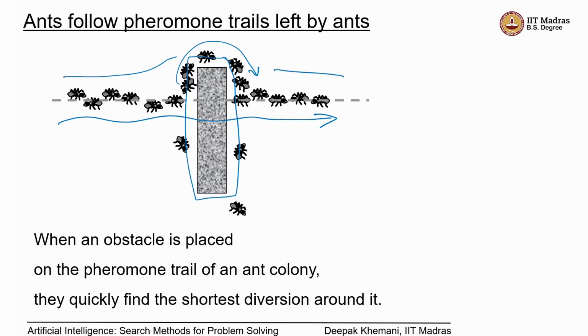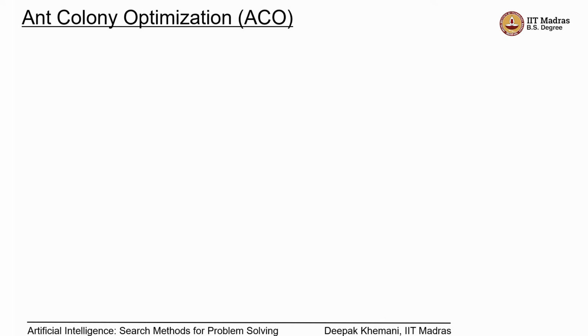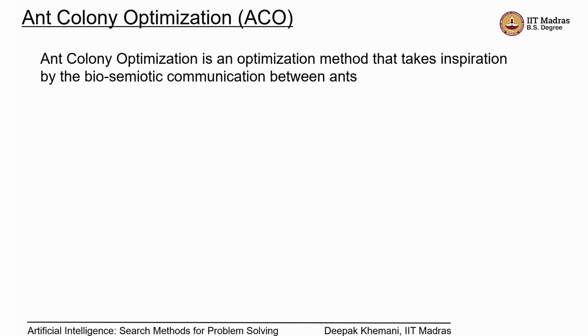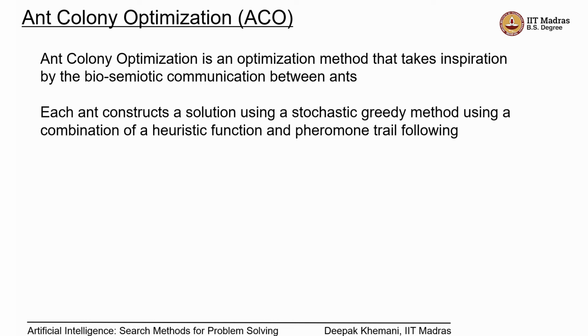And we want to capitalize upon this behavior to develop this algorithm called ant colony optimization. It's a method that takes inspiration from the semiotic communication between ants. Each ant constructs a solution, whatever problem we are trying to solve, using a stochastic greedy method.